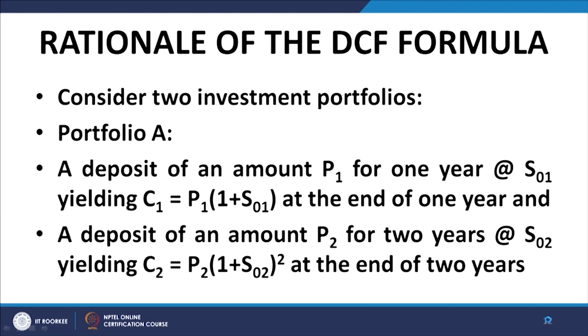Then I discussed in detail the rationale of the DCF model by constructing two arbitrage portfolios. Portfolio A comprises two deposits, for calculating the intrinsic value of a 2-year bond: one with a maturity of 1 year and the second with a maturity of 2 years, and comparing it with a portfolio that involves a bond which has a lifespan of 2 years and which gives cash flow C1 and C2 at the end of year 1 and year 2 respectively.